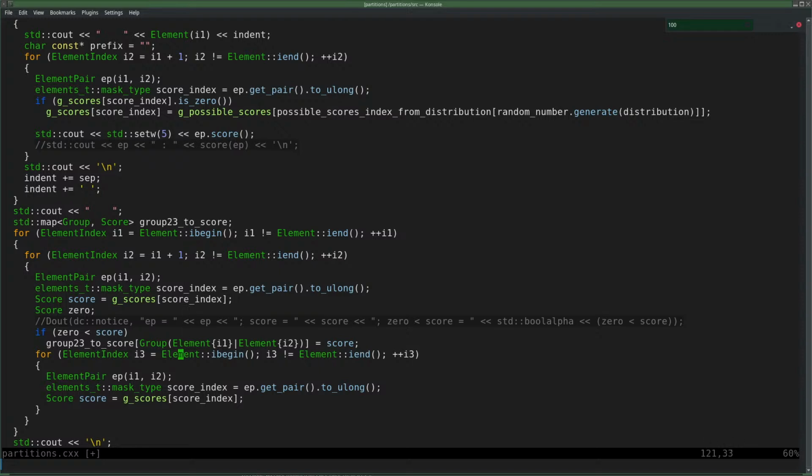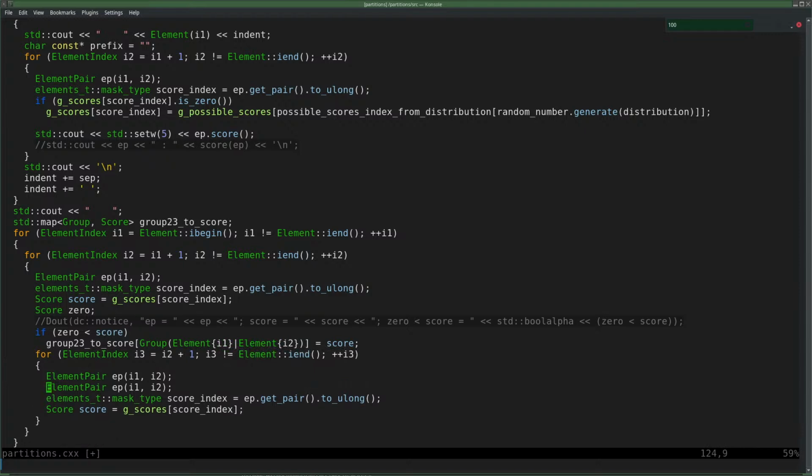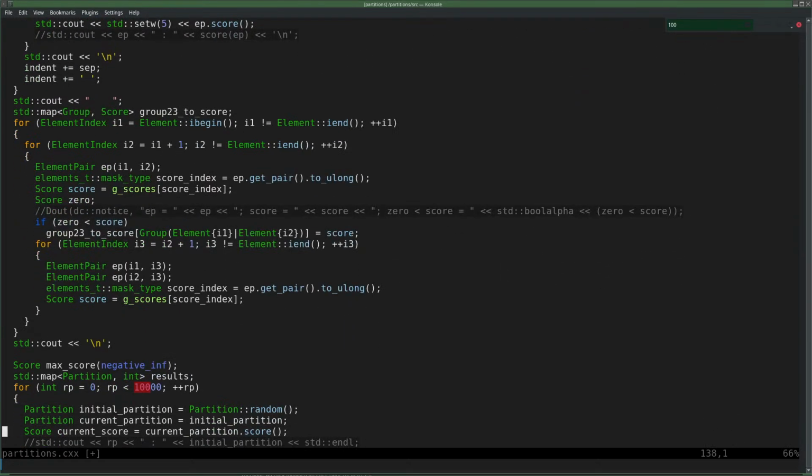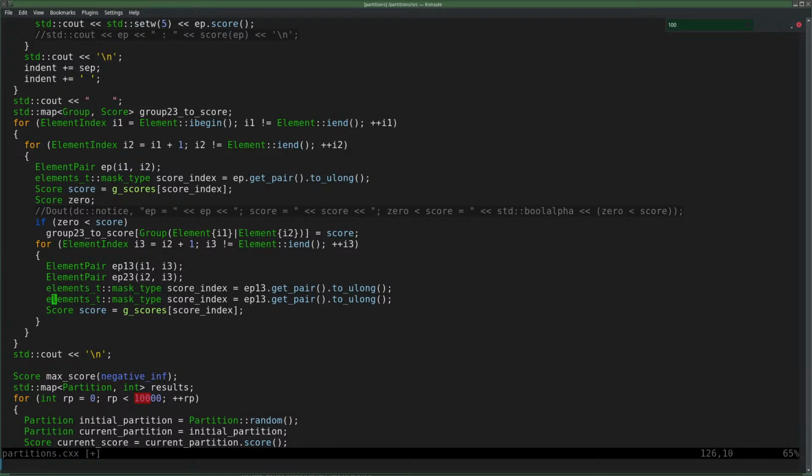And then here again, this is just I2 plus 1. We make two pairs, I1 with I3 and I2 with I3. And we need to get score index for both. So let's call this one EP13 and this one EP23. EP13 and again EP23.